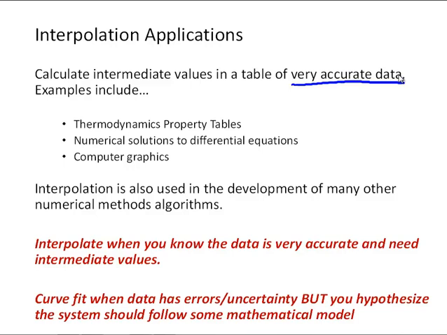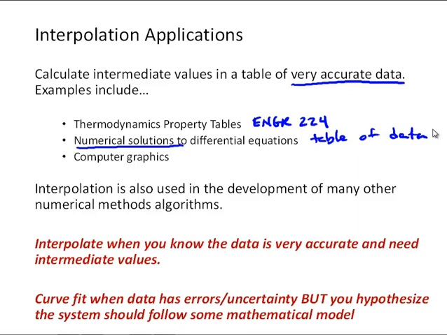Some examples of this are thermodynamic property tables that you'll encounter if you take thermodynamics, Engineering 224 at most community colleges. When we get into solving differential equations numerically, the numerical solution is a table of data. And if we want intermediate values in that data, we can use interpolation to find those intermediate values.